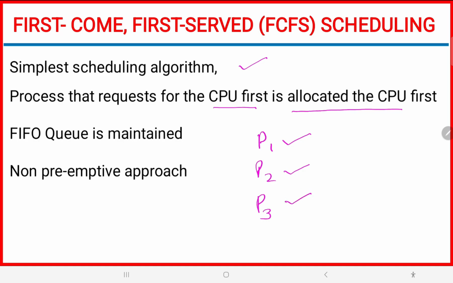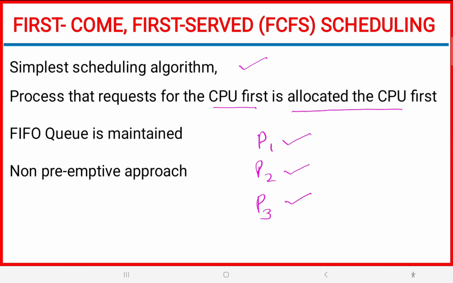So the CPU is allocated in the order in which they arrived. First P1 will get access to the CPU, then P2, and then P3. So a first in first out queue is maintained in this approach, and it is one of the simplest scheduling algorithms, as I've already told you.